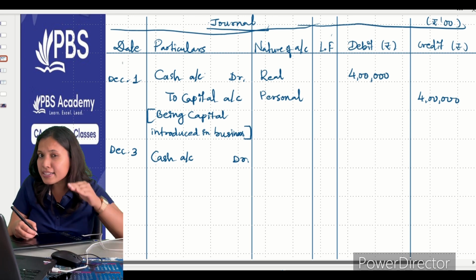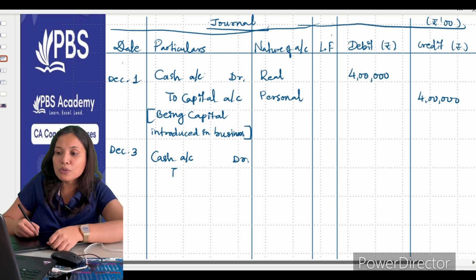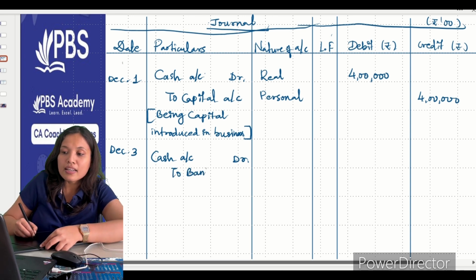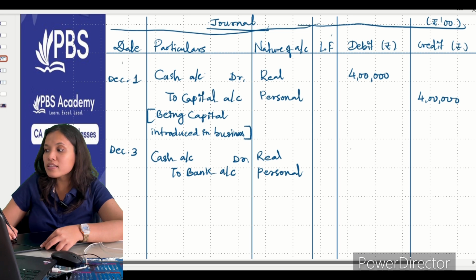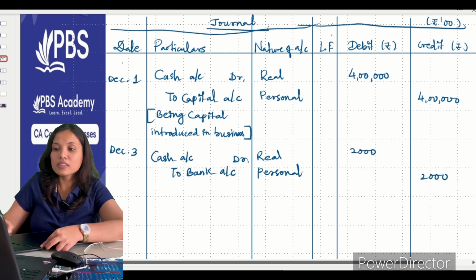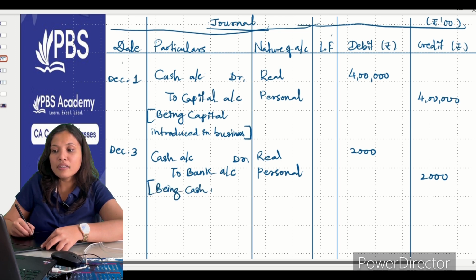Now bank balance decreasing, it is also an asset, it is decreasing. So cash account debit to bank account. Cash is real, bank is personal. Now what is the amount? 2000. Write down narration: being cash withdrawn from bank.